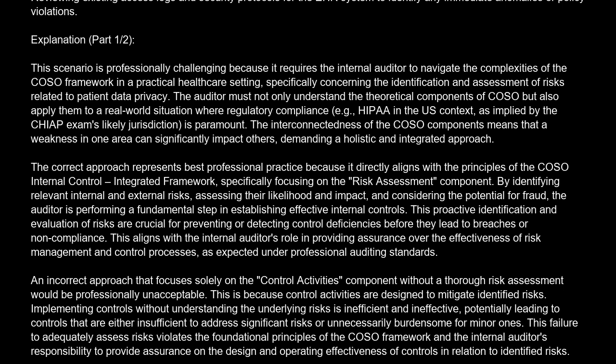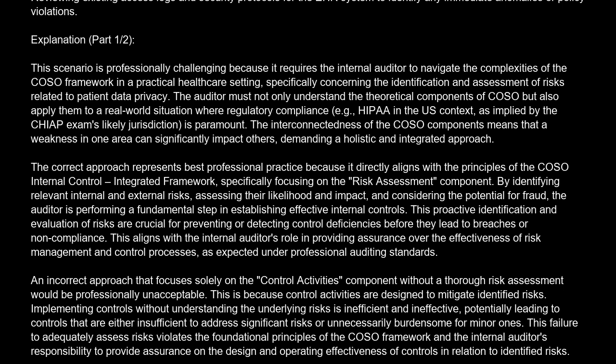The interconnectedness of the COSO components means that a weakness in one area can significantly impact others, demanding a holistic and integrated approach. The correct approach represents best professional practice because it directly aligns with the principles of the COSO internal control integrated framework, specifically focusing on the risk assessment component.